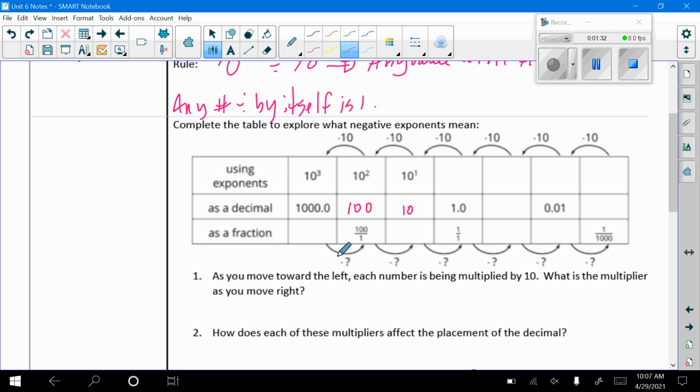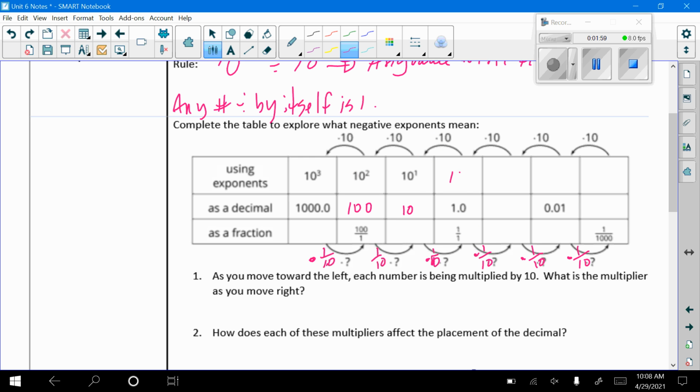But going the other direction, if this is multiplying by 10 to the left, this is going to be dividing by 10 or multiplying by 1/10. So in this case, if I'm multiplying by 1/10, this is going to go down on my exponent.